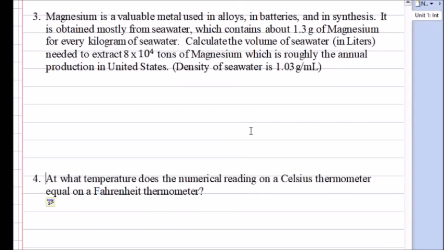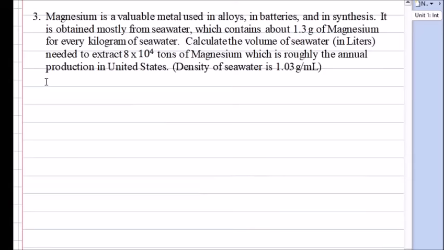So, gagawin natin ngayon, hanapin natin is yung volume. So, simulan muna natin sa pamamagitan po ng pagko-convert. Okay, or yung sinasabing kanina, ang dimensional analysis. So, ngayon sisimulan natin ang lahat dun sa given.